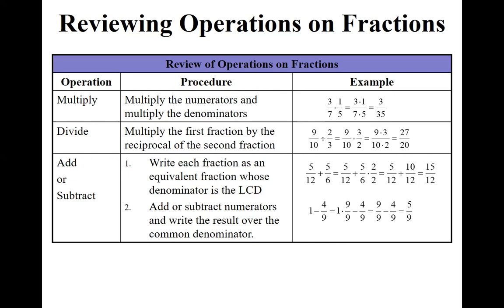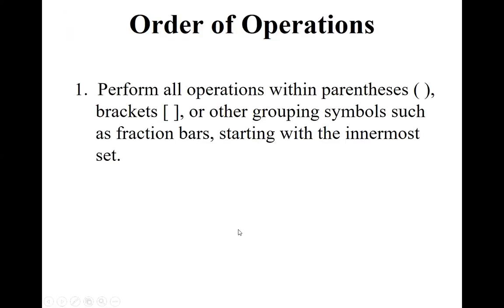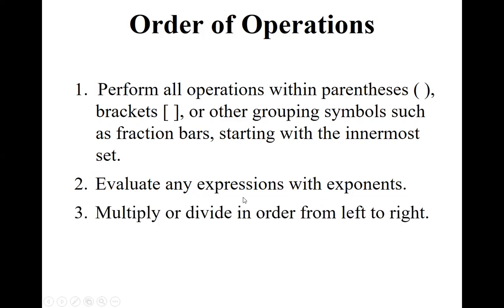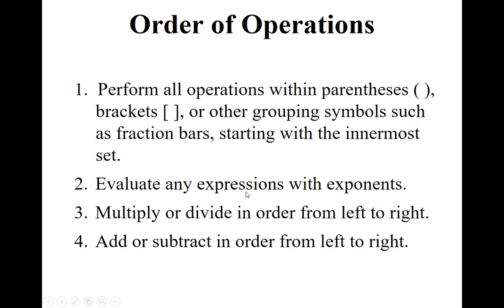When we add or subtract, we need them to be like fractions, and once they're like fractions, we add across the top, keep the bottom, or subtract across the top and keep the bottom. We know our order of operations is parentheses or other grouping symbols, then exponents, then multiply or divide from left to right as we come to it, then add or subtract from left to right as we come to it.